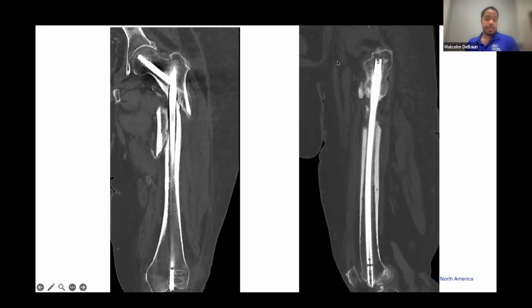Yeah, you know, I think you got the correct alignment. That's the biggest thing right now. That's the reason why this hasn't healed. So for me, that's an open approach, clamp-based reduction, new start site, potentially a revision nail with some type of adjunct to prevent varus. There are different options there.